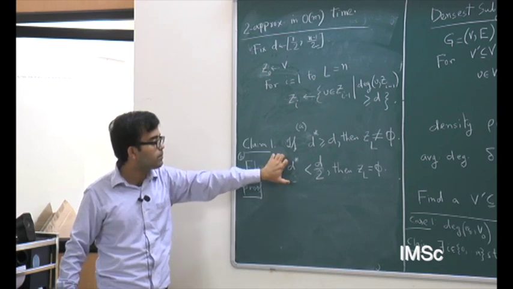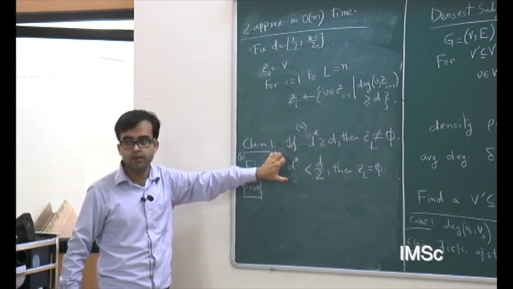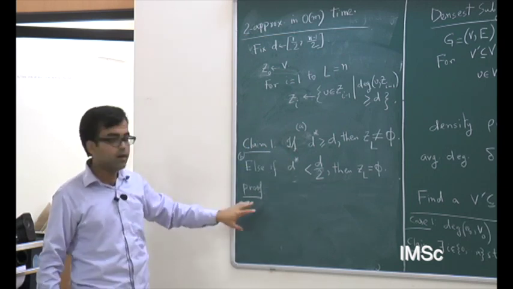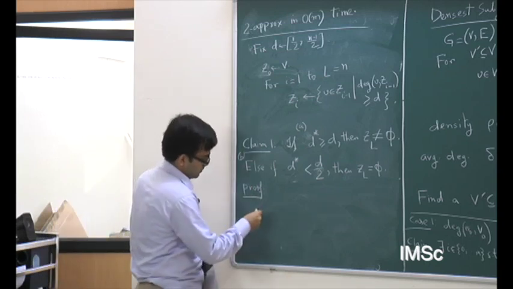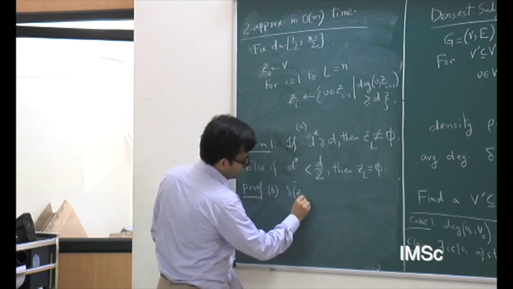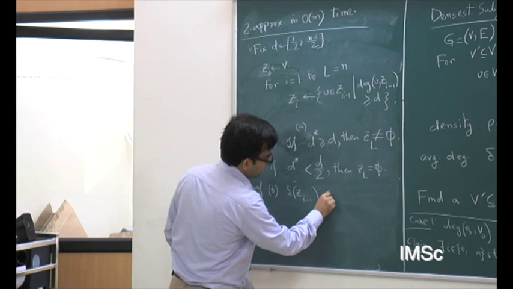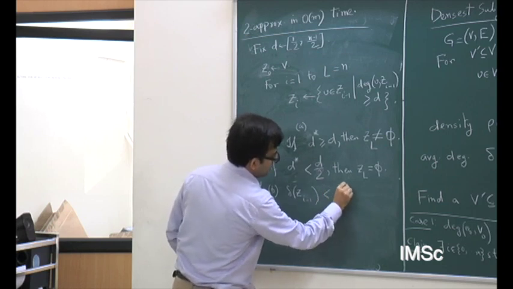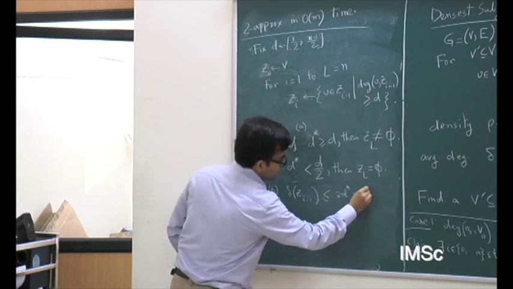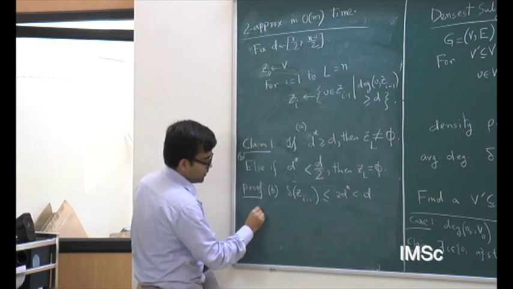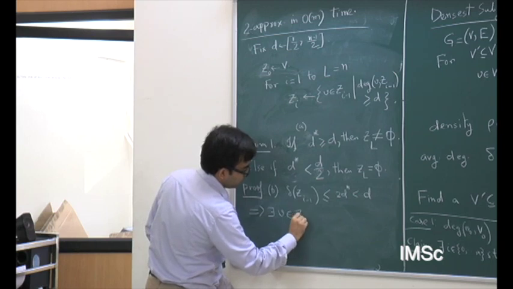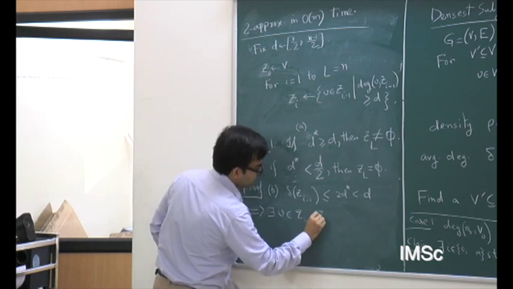Just carefully look at part B, the proof of part B, and we want to argue. Earlier what did we argue? Sorry, I should not have erased that. Earlier we argued that the average degree in Zi minus 1 is strictly less than 2D star, which is strictly less than D, and that meant there exists a node V that is in Zi minus 1 but not in Zi.